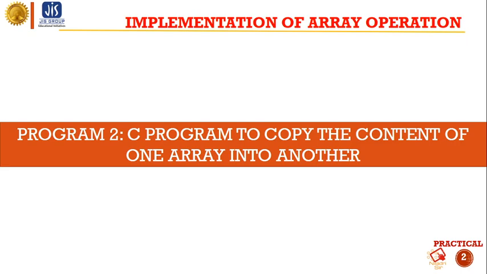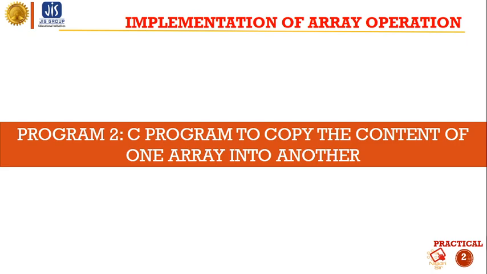So the first element of ARR1 will be the same as the first element of BRR, and the second element of ARR will be the same as the second element of BRR. Like this, if there are 5 elements, then BRR1 will be ARR1.